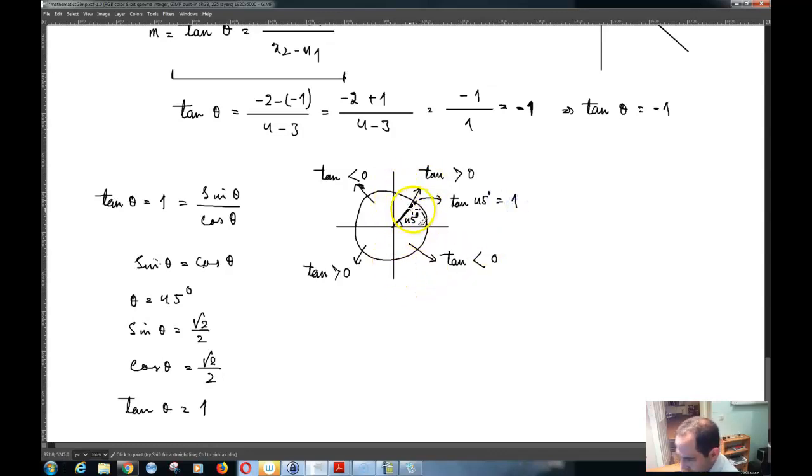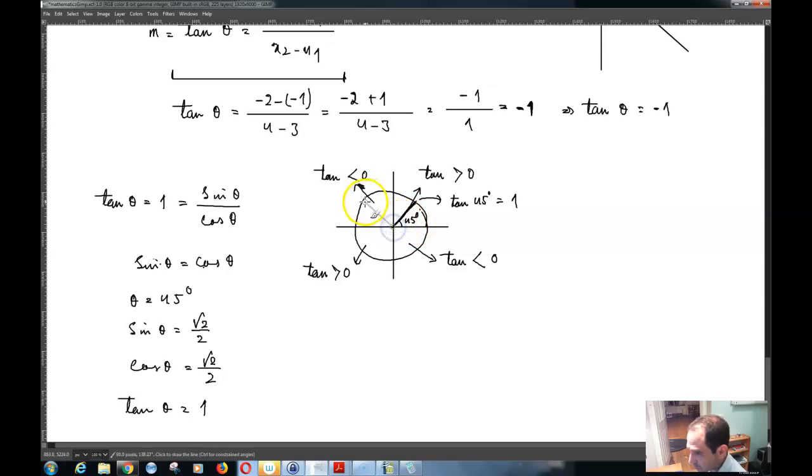Now this happens in the first quadrant. In the second quadrant, what you need to do is just go to the second quadrant and pick an angle where you get the same absolute values for sine and cos.